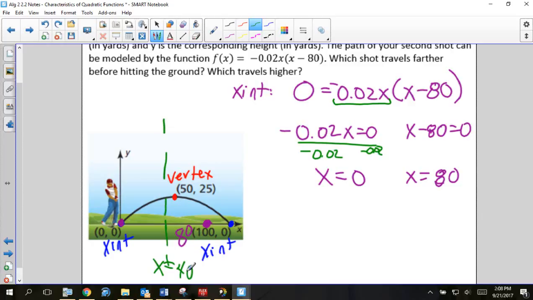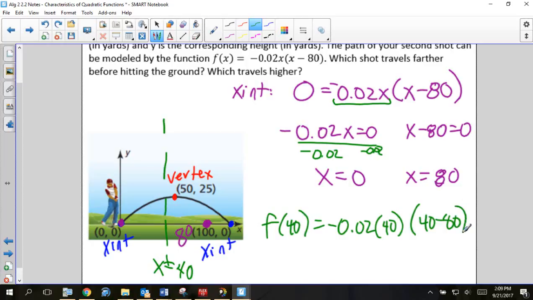Plug it in. And do you think I'd allow you to use the calculator? Yeah, so if you need your calculator, we're doing f of 40, negative 0.02 times 40, multiplied by 40 minus 80. So I want you to type it in your calculator, make sure you know how to type it in correctly to get the answer before I put it up.